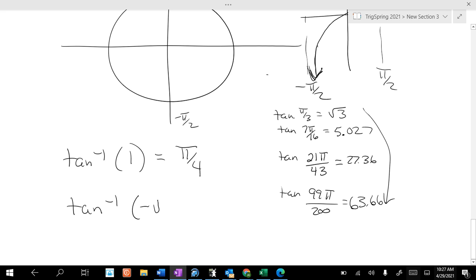Okay. Difficult one here. Some people it's like, yep, I got it. But I think you're wrong. Inverse tangent of negative square root of 3. According to Miles Devaney, it's negative pi over 3.